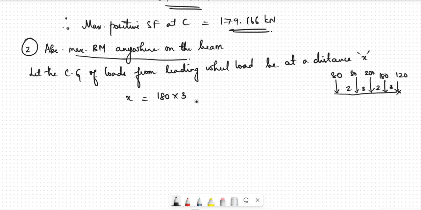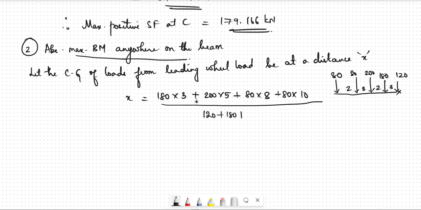So with respect to this 120, we are going to find the position of resultant. So 180 into 3 plus 200 into 5 plus 80 into 8 plus 80 into 10, divided by all the loads, 120 plus 180 plus 200 plus 80 plus 80.